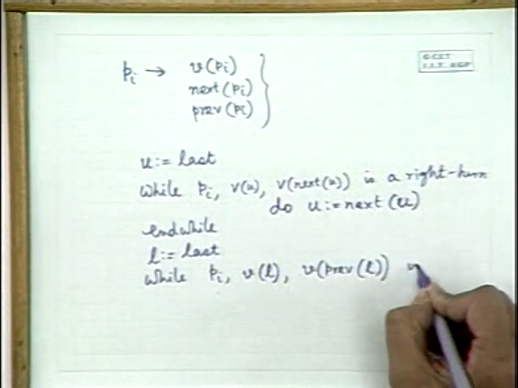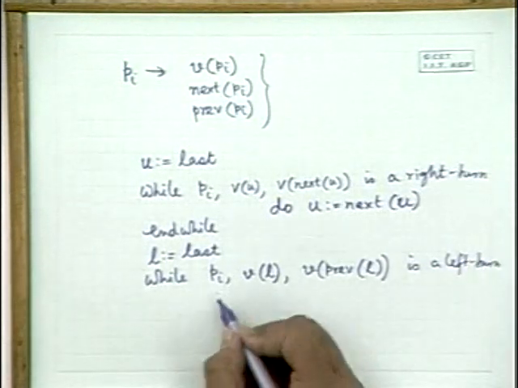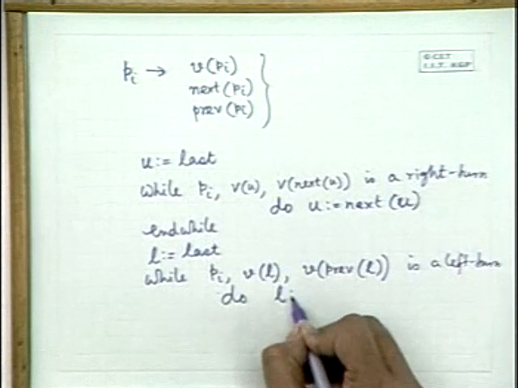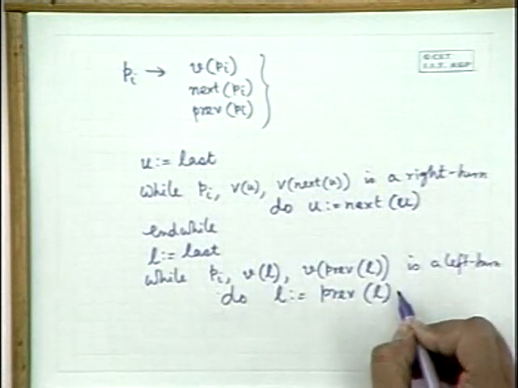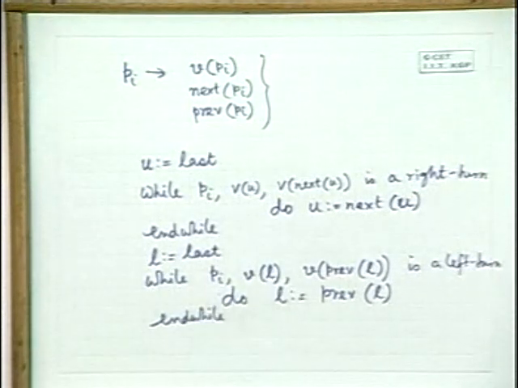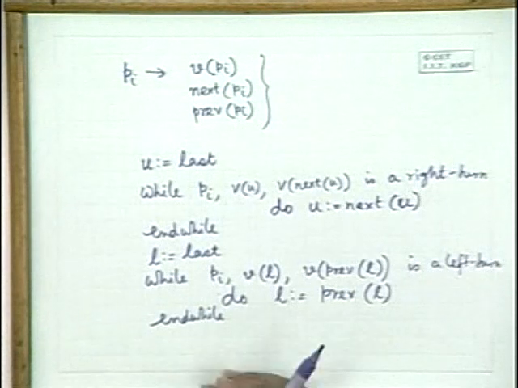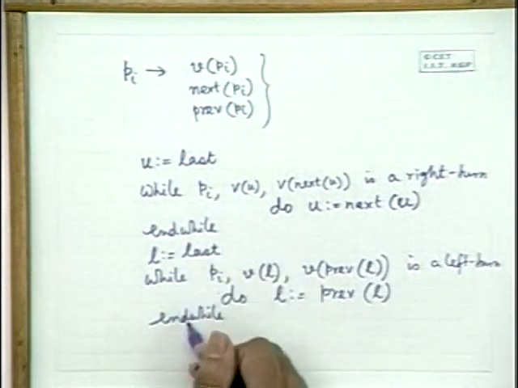If this is a left turn, then you do this thing. Do L is equal to prev L, and while. This will give you the point where the lower tangent will hit the convex hull. This is the upper, this is the lower.